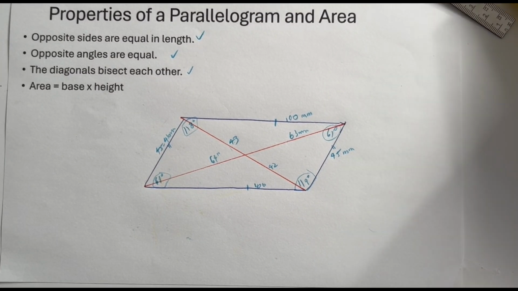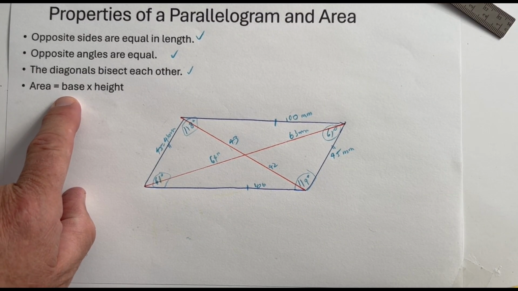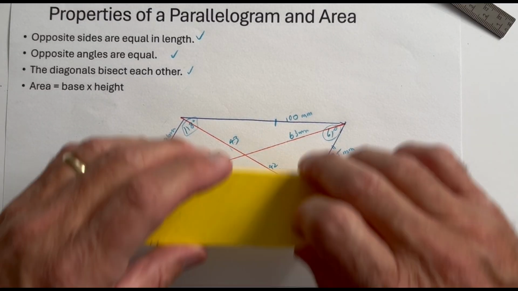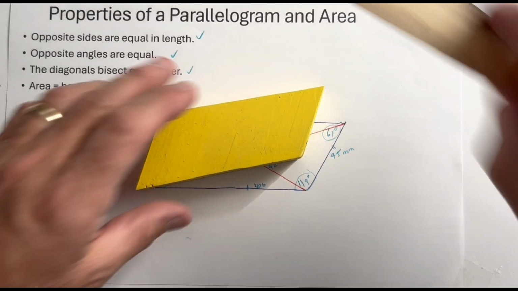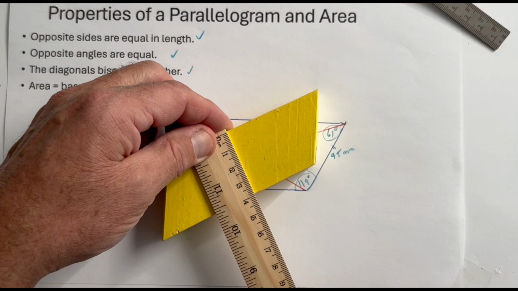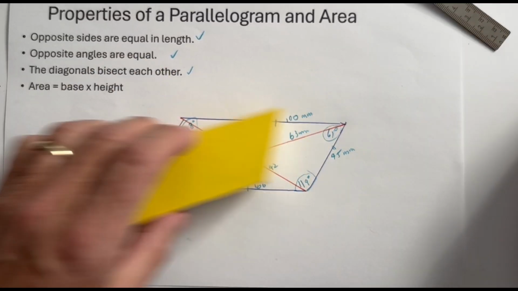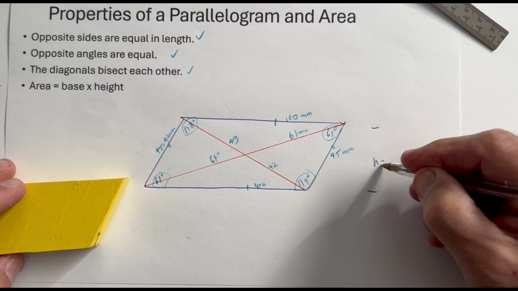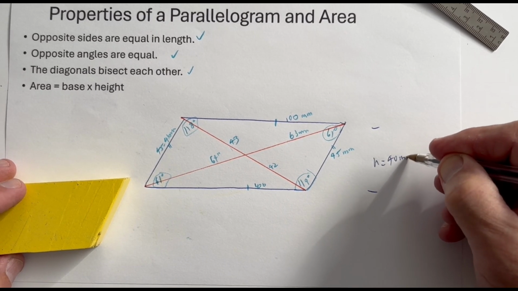Now, let's calculate the area, base times height. Now, we've not really measured the height, which is going to be this distance right here, so let's measure that now. That looks right at 40 millimeters. So this distance from here to here, h, is equal to 40 millimeters.